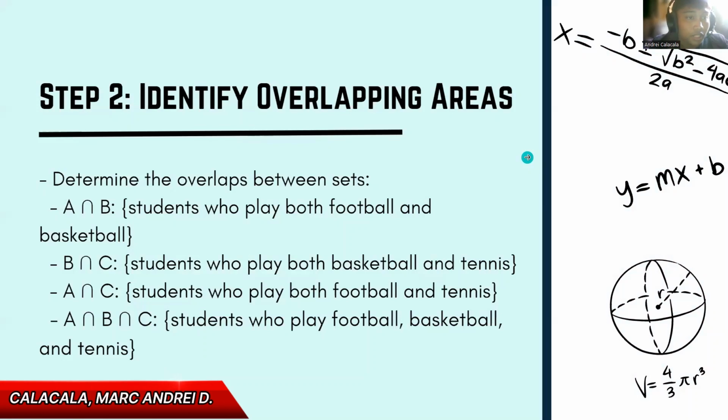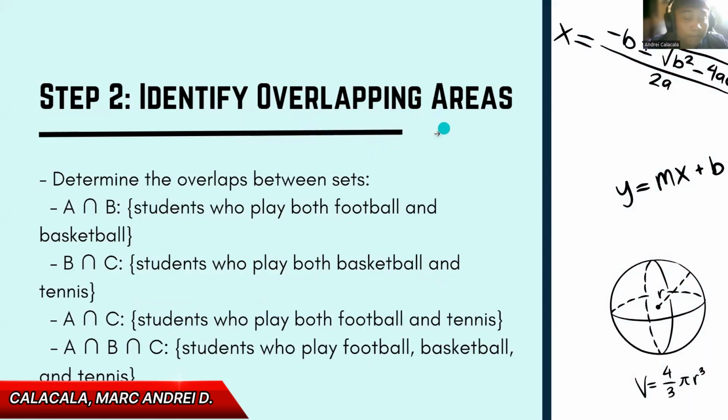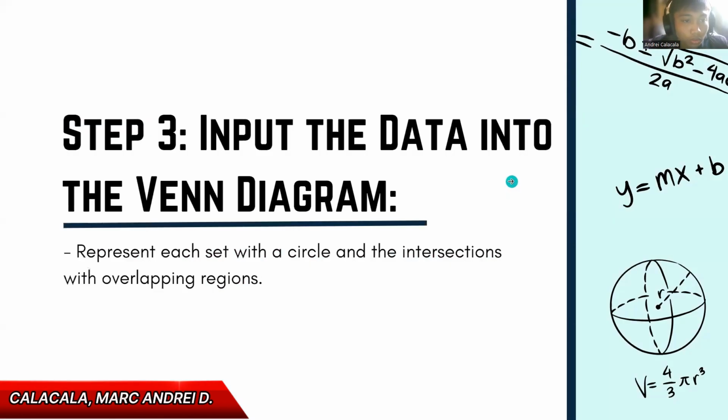We will identify the overlapping areas: the intersection of A and B, the intersection of B and C, the intersection of A and C, and the intersection of sets A, B, and C. Then we input the data into the Venn diagram, representing each set with a circle and the intersections with overlaps.